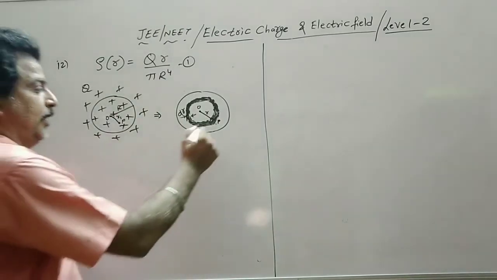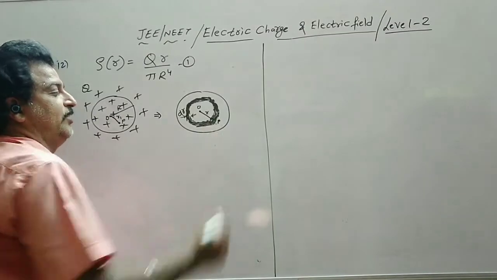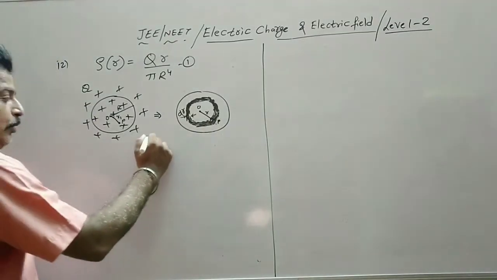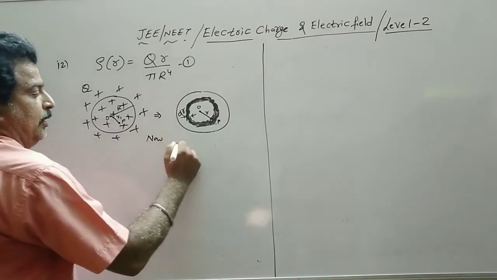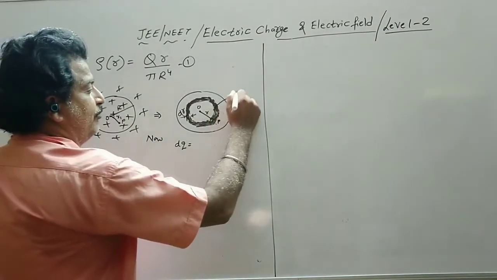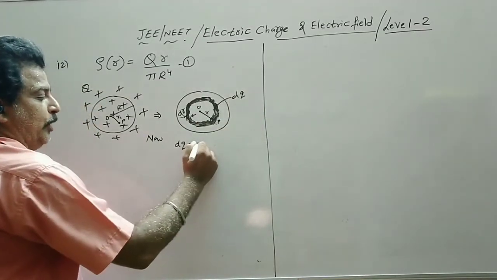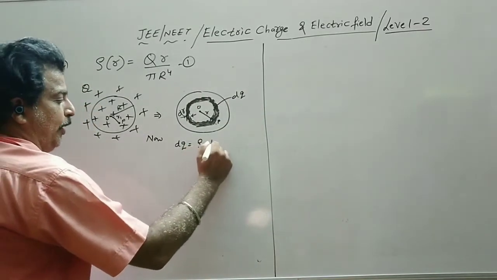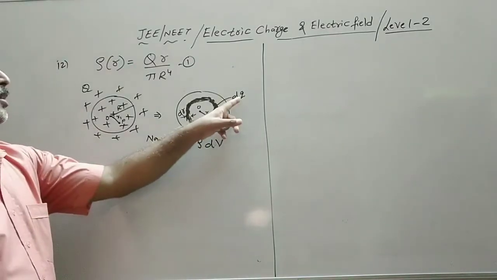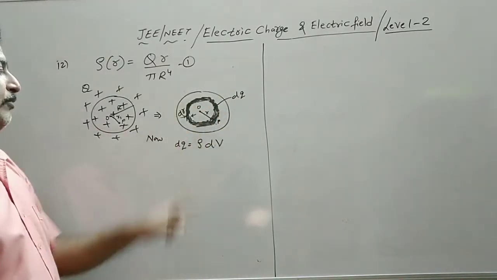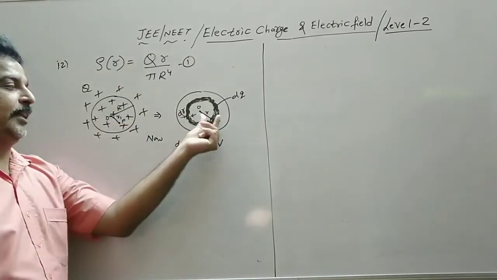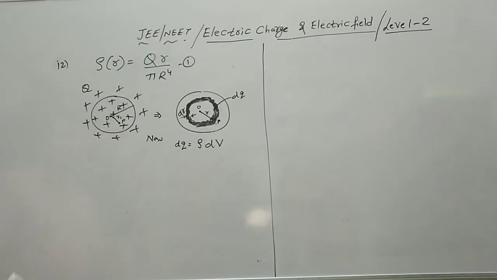So I have to find out the electric field intensity at point P. Now dq can be written as, let dq be the amount of charge on it. So dq can be written as rho into dV. That is the amount of charge on this Gaussian surface where we have taken some thickness dr and the radius of this is r.